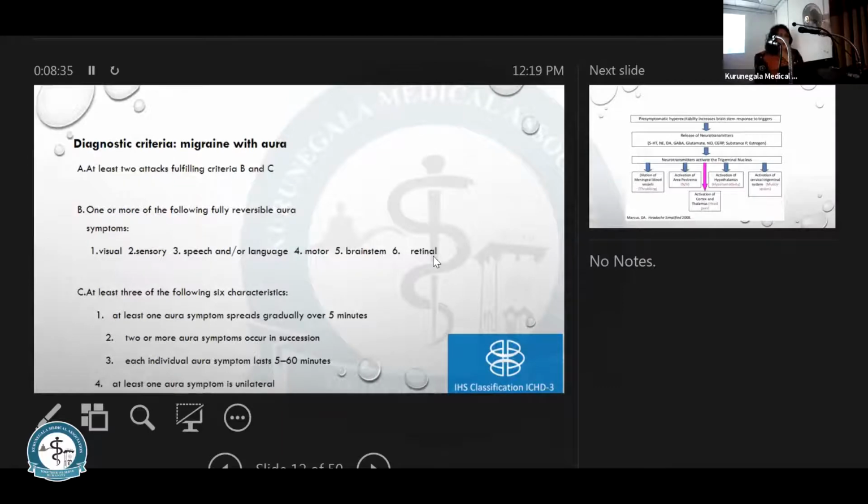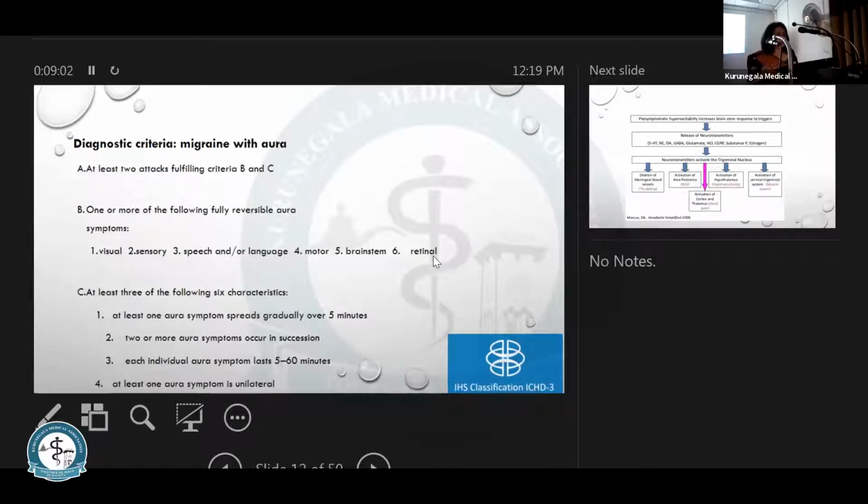They might have either one aura, or they can have successions of aura. They might start with visual aura, and then they can develop sensory or motor symptoms as well. And with regard to the aura, at least one aura should start gradually, spreading over 5 minutes.